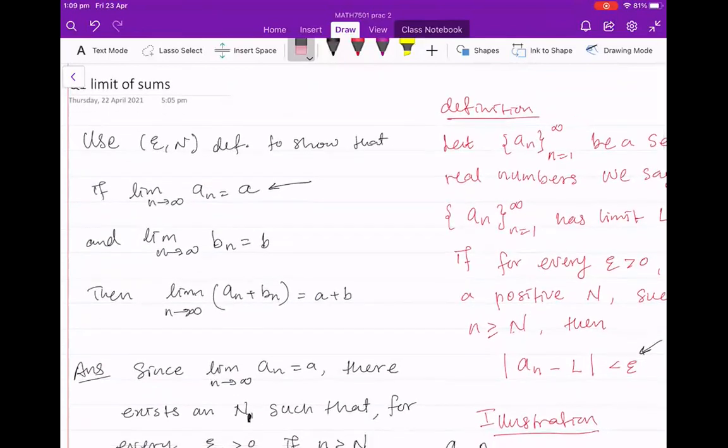Use the epsilon-N definition to show that if the limit of a_n is a and the limit of b_n is b, then the sum of the sequences a_n plus b_n goes to the limit a plus b as n goes to infinity. How would you approach this? Can anyone tell me?